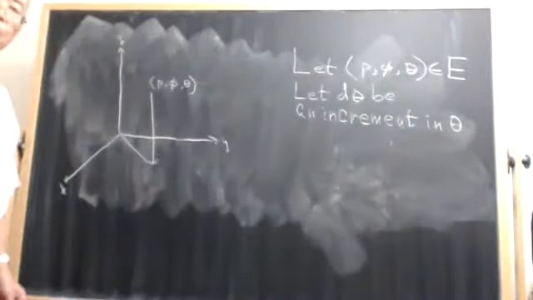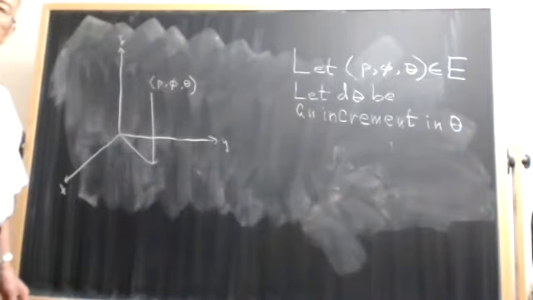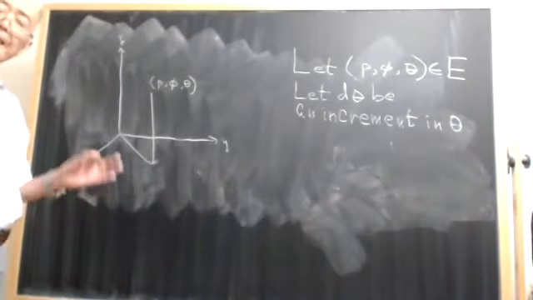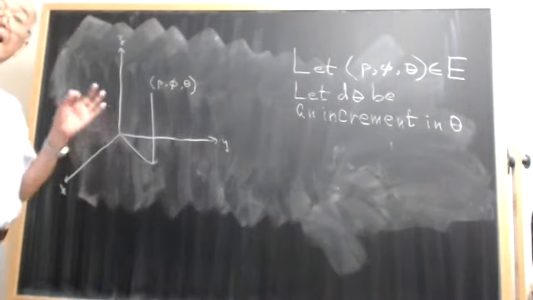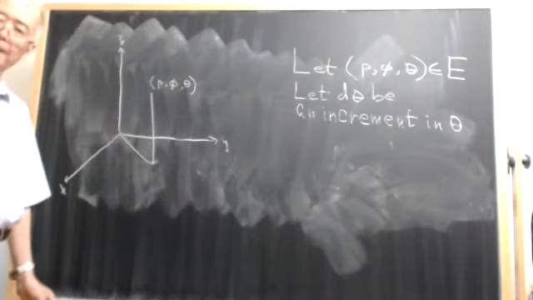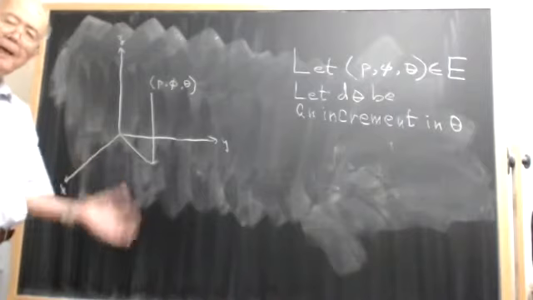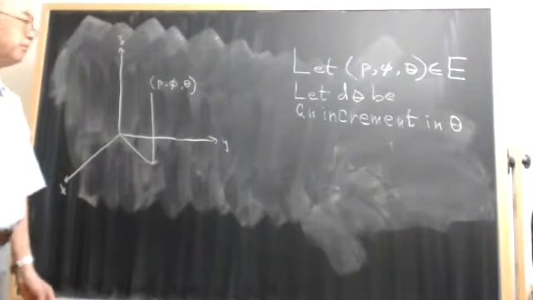Then this increment would induce increments in the other two variables, phi and also rho.